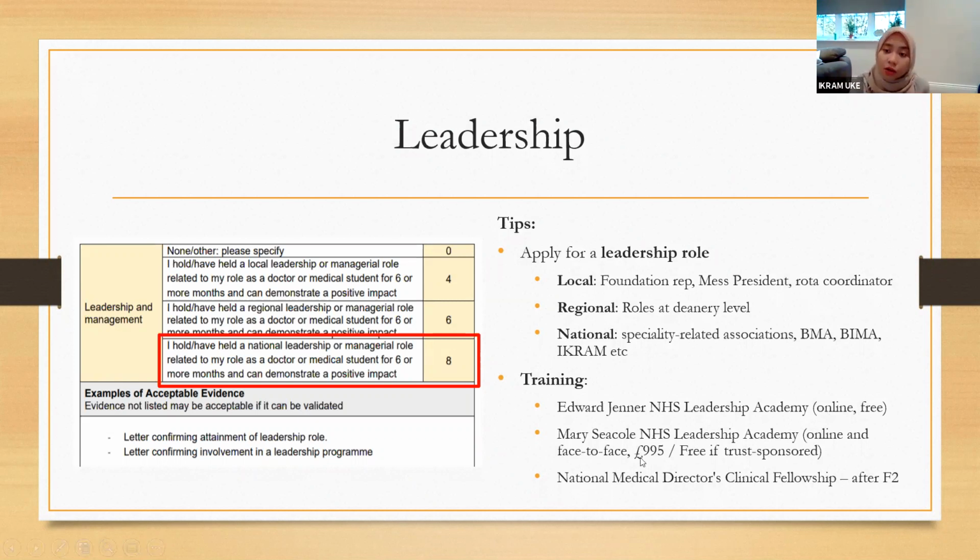It actually costs up to £1,000, but it can be free if you apply through your trust. There's the medical director clinical fellowship, but you can only apply for it after your F2. But that's something, in case you're interested in leadership, there are trainings as well as roles available.